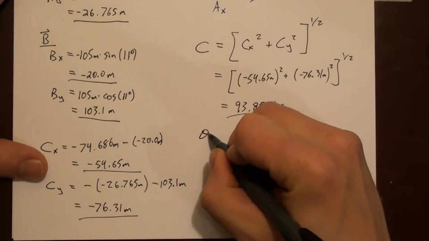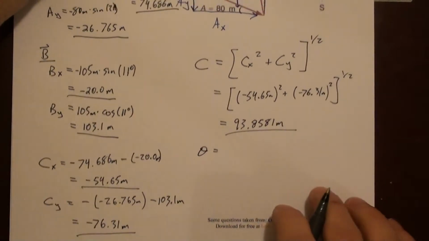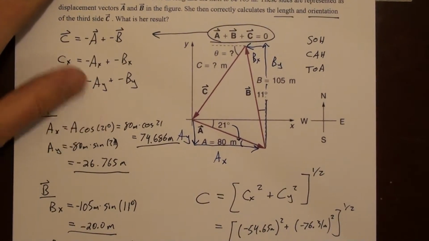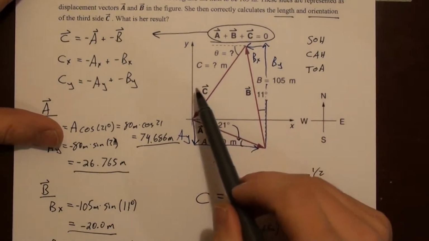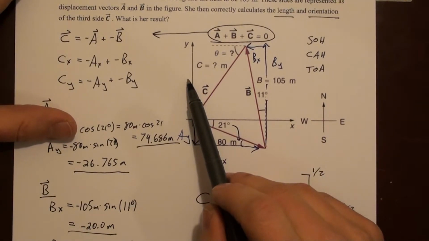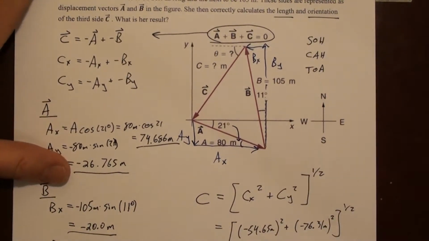Now we can find theta. Alright, so let's go back to our figure. And we have a choice. We can use any of our trig functions since we know all three sides of the triangle. Let's use tangent. Right, so tangent is opposite over adjacent. So opposite is the y direction and adjacent is the x direction.